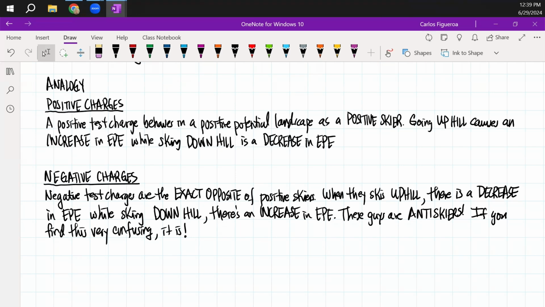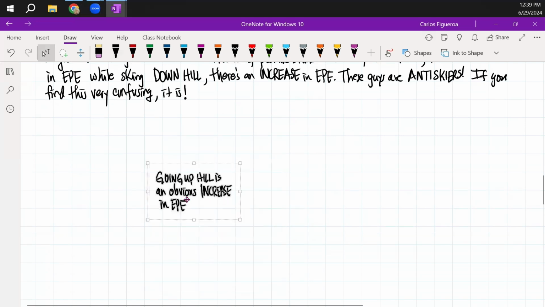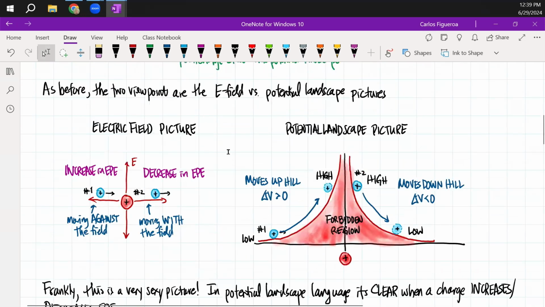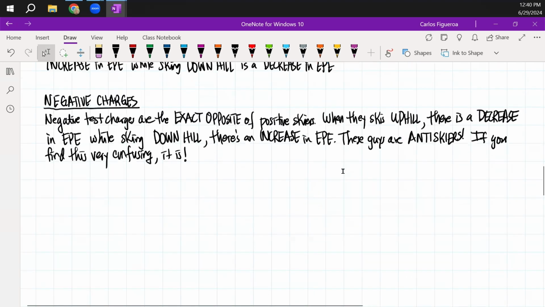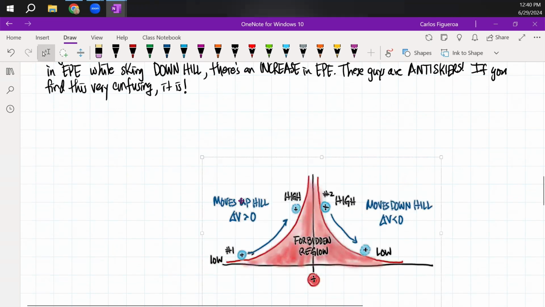If I was to draw a picture of the potential here, here's what we would see. Oops, I need to go back and get that picture. I need this guy right here. So the big difference here is that I have an electron.